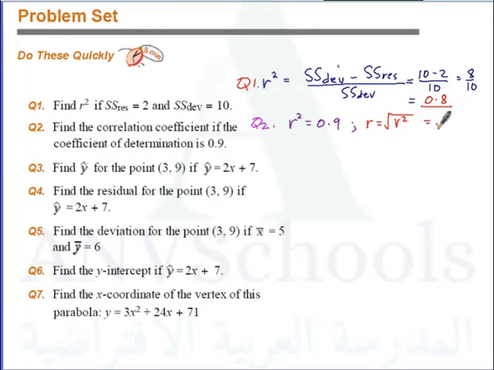The square root of 0.9 is actually 0.9486.